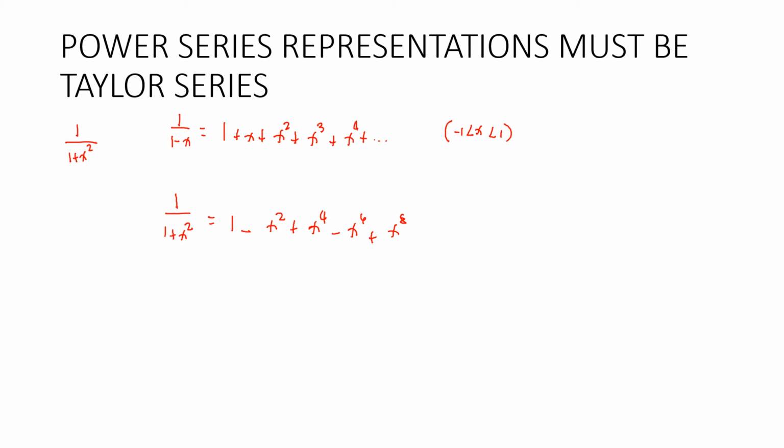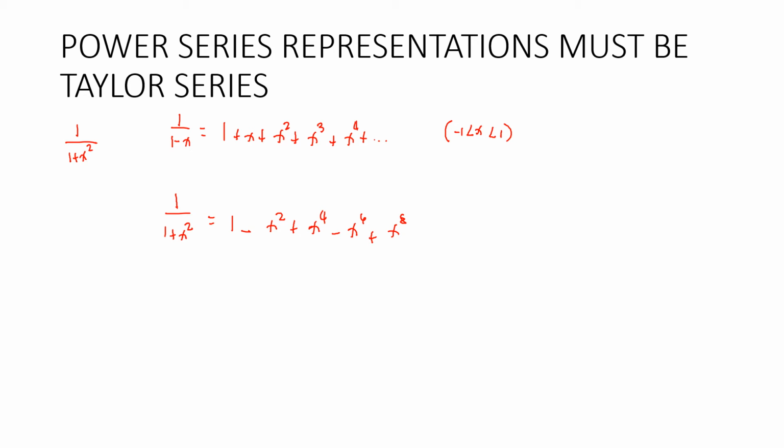The first question is easy to resolve. Since the geometric series converges to 1 over 1 minus x if the absolute value of x is less than 1, the second series will converge to 1 over 1 plus x squared if the absolute value of negative x squared is less than 1, or the absolute value of x squared is less than 1.